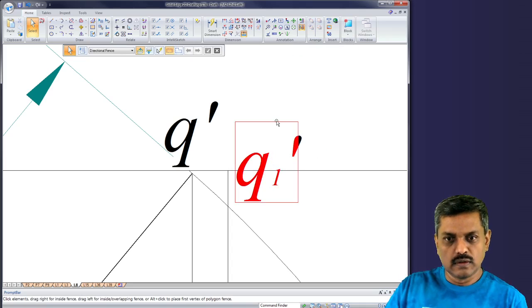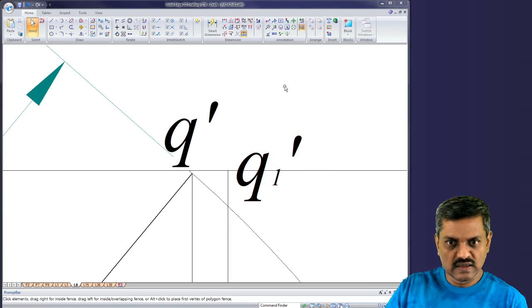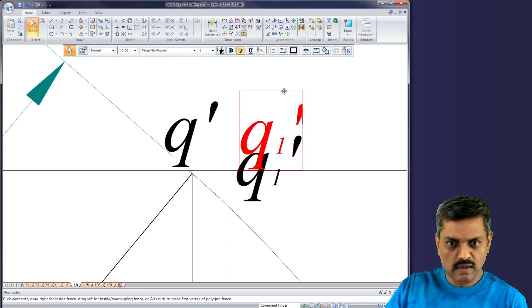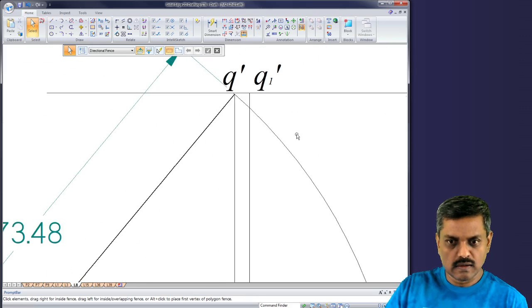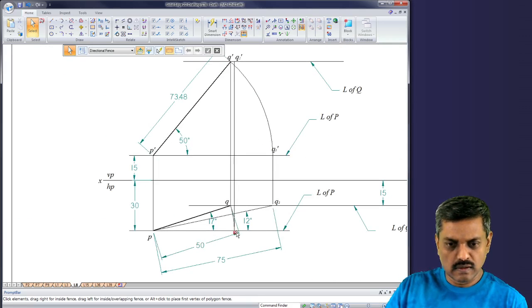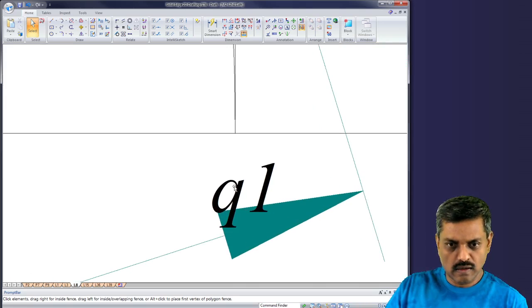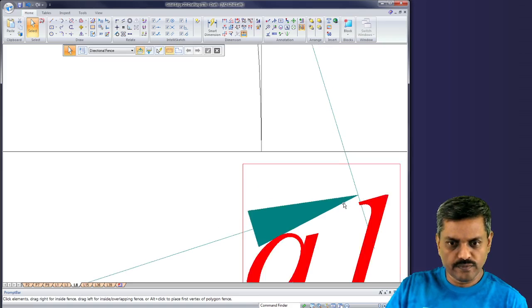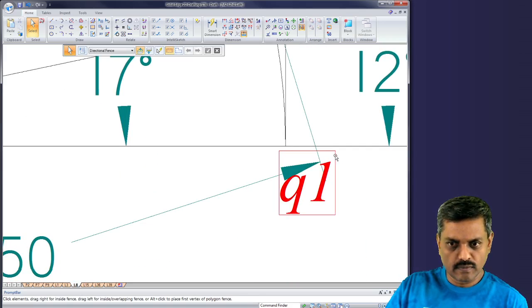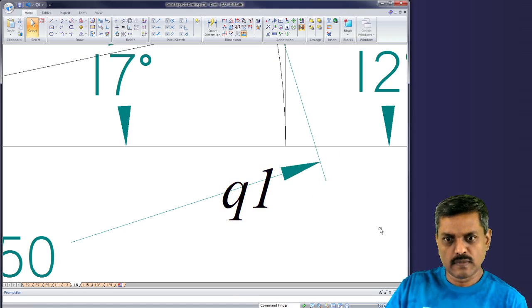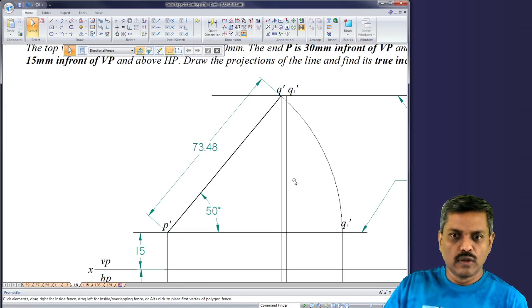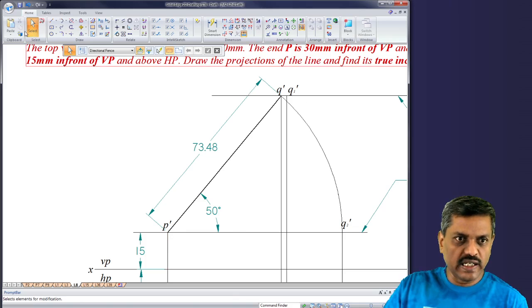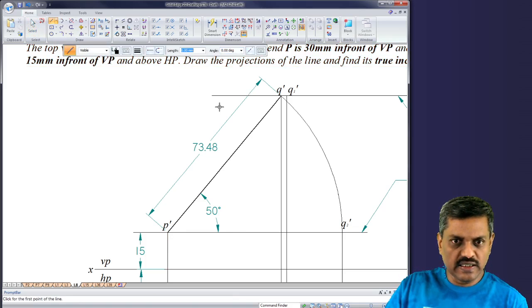Font size 3. Okay, so now we have this P dash and Q1 dash that should be joined by a thin line.